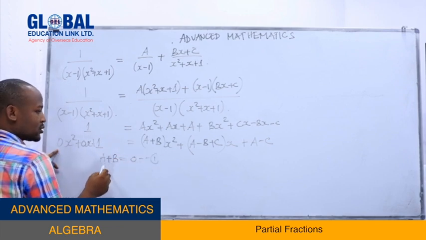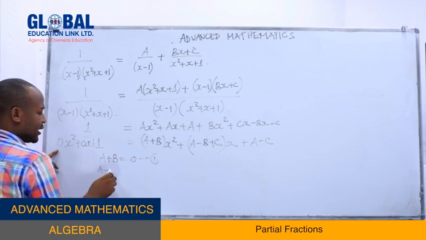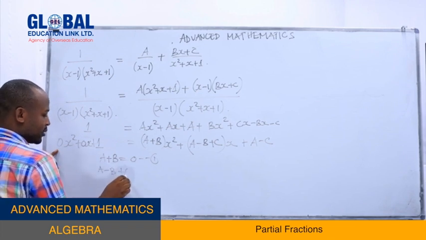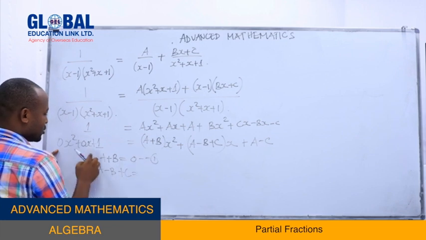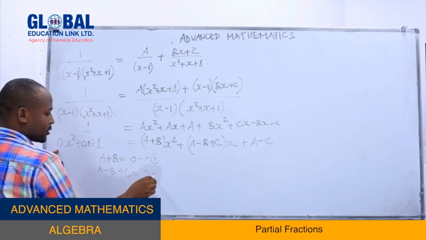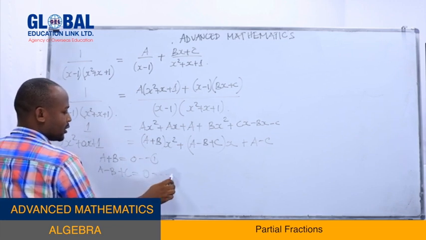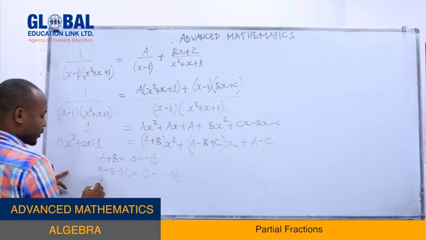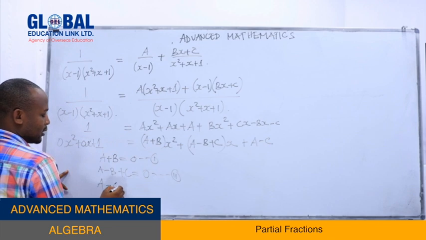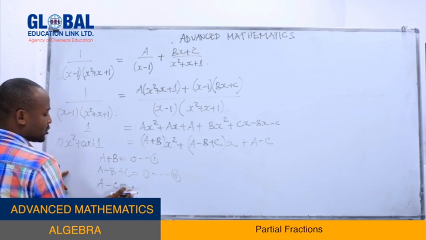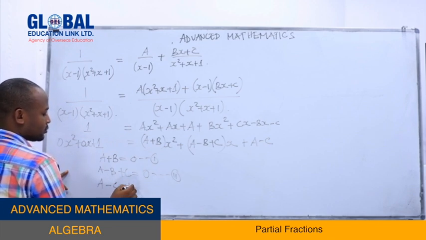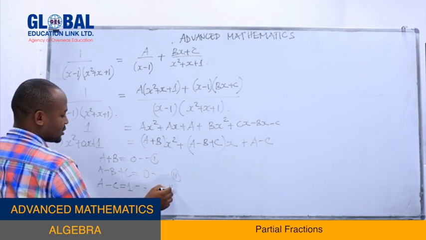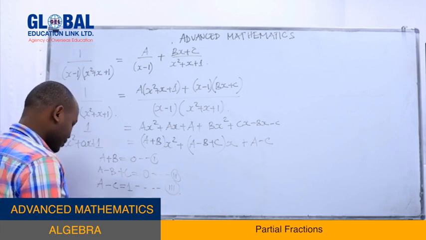Then equation number 2 is a minus b plus c equal to 0 again. And the last one will be a minus c equal to 1, that is equation number 3.